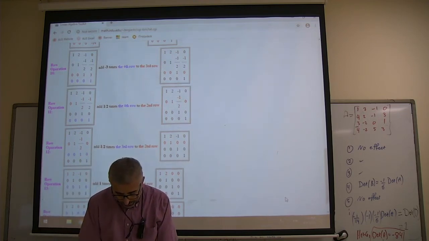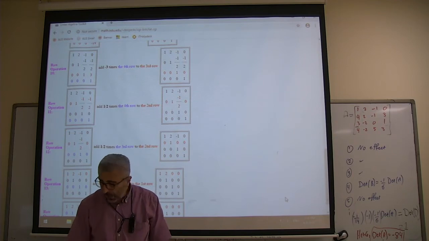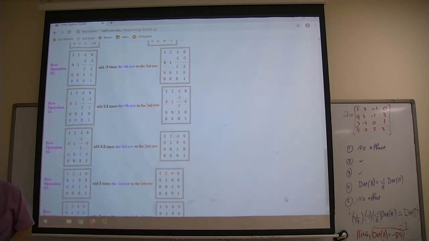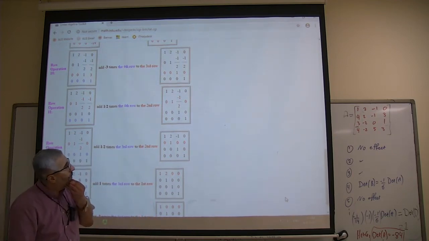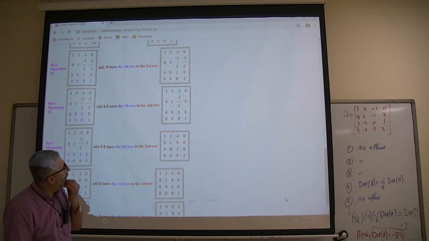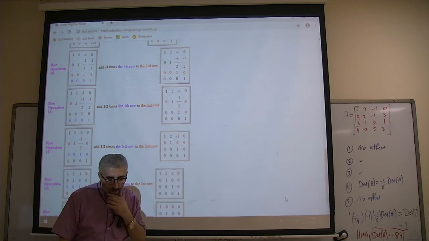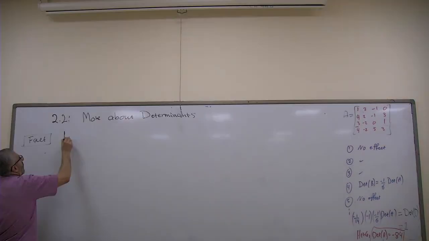All right. That's about elementary operations and the effect on the determinant. Here you have an example, so now you can do other examples and other exercises.